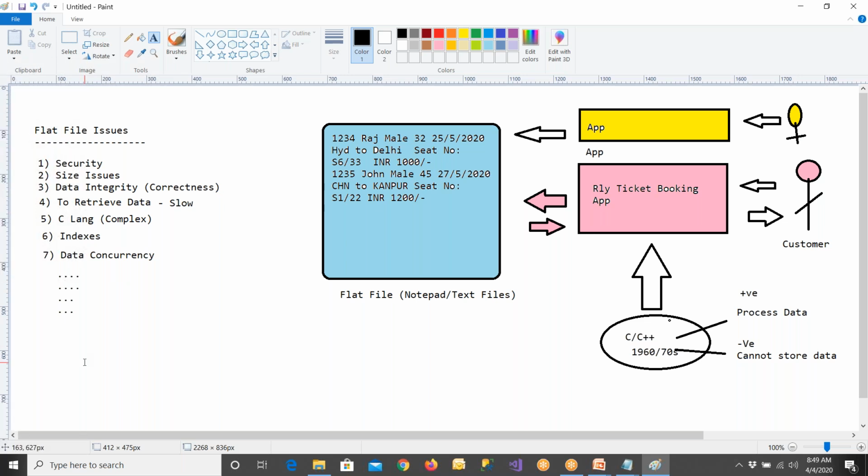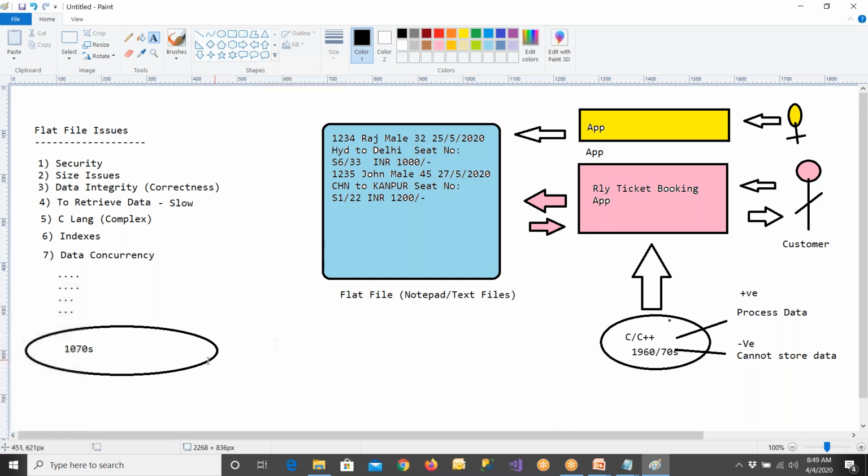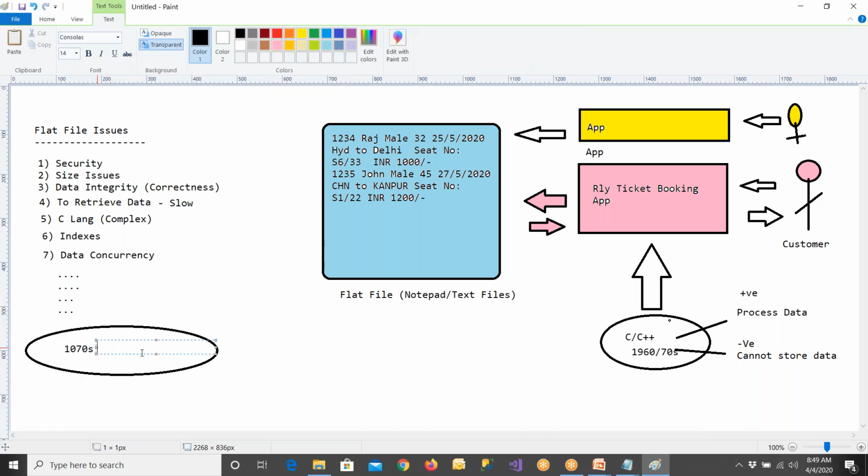Am I clear? To resolve these issues in the 1970s, a lot of teams were created in America. In the 1970s, people came to know we cannot store a lot of data in flat files without getting a lot of issues. Many firms, especially IBM and other teams, invented one more concept called the database management system.